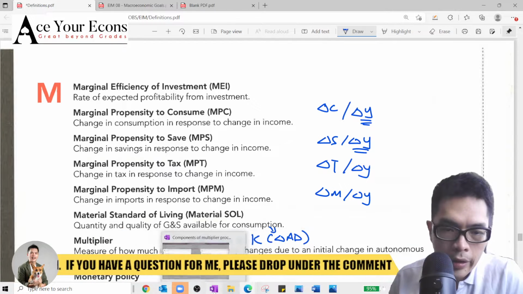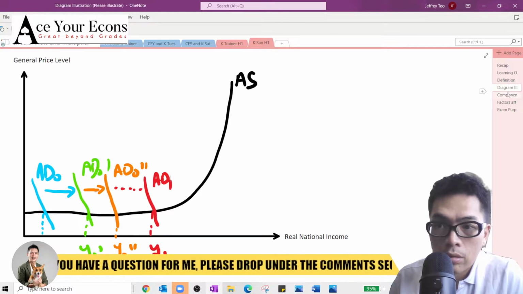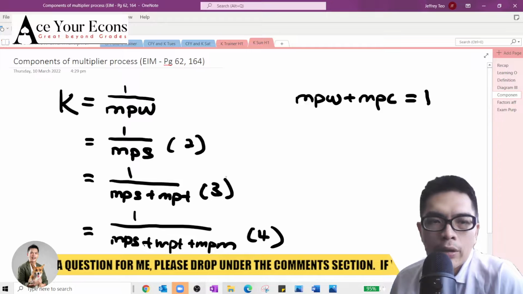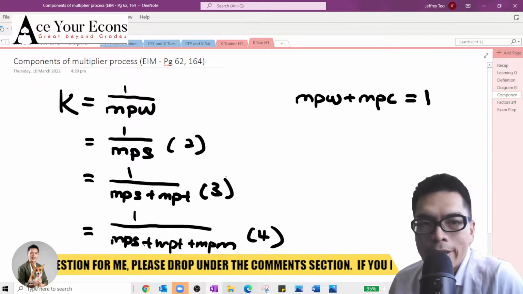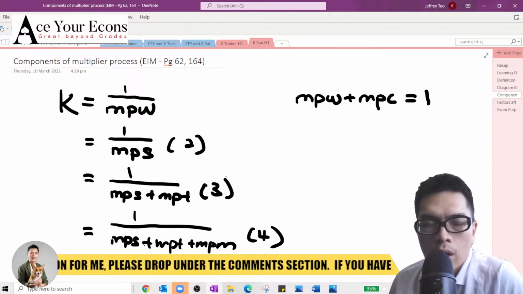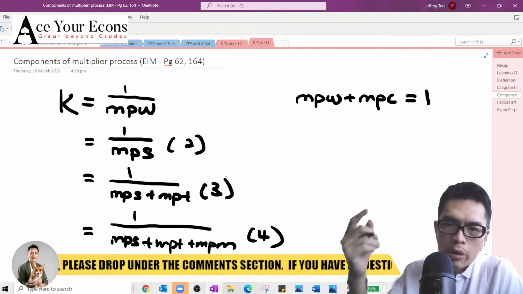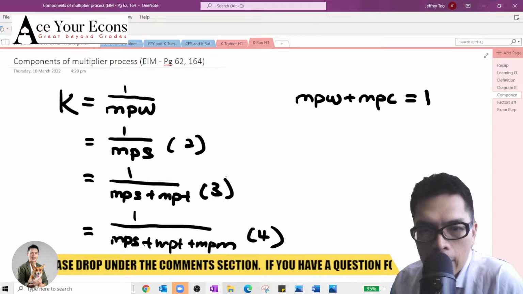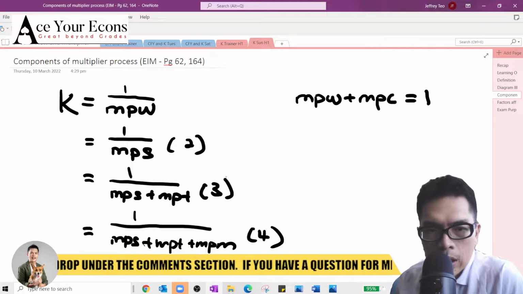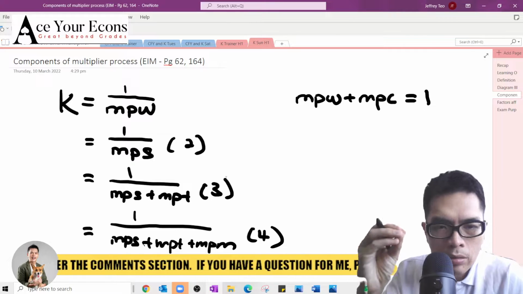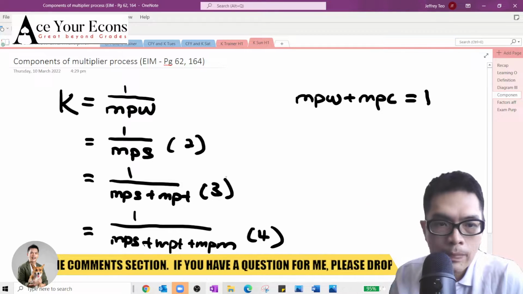Why is it that your multiplier is inversely related to your marginal propensity to withdraw? If you recall when we did step 5 in our AD-AS analysis, do you recall the concept of multiple cycles of spending and respending?